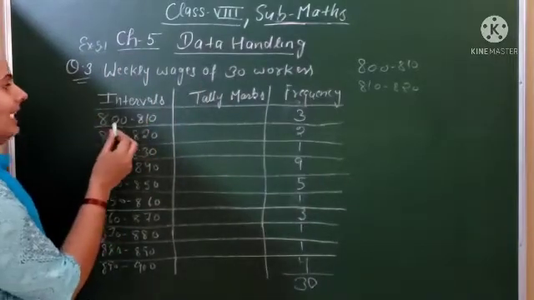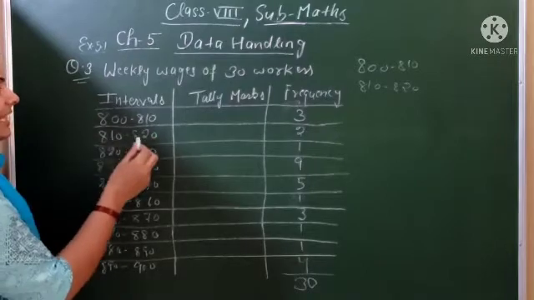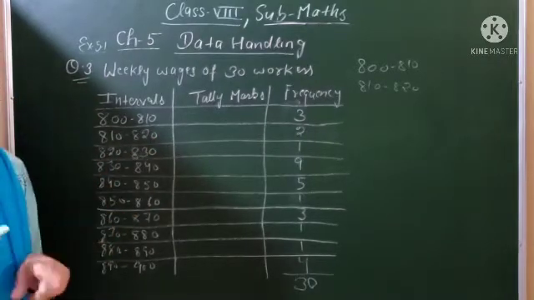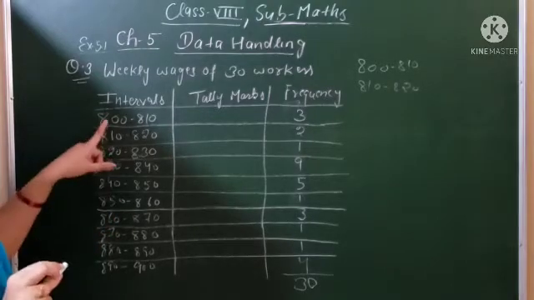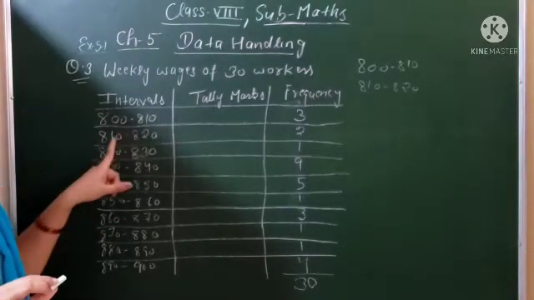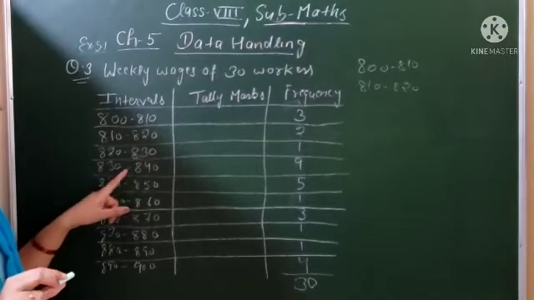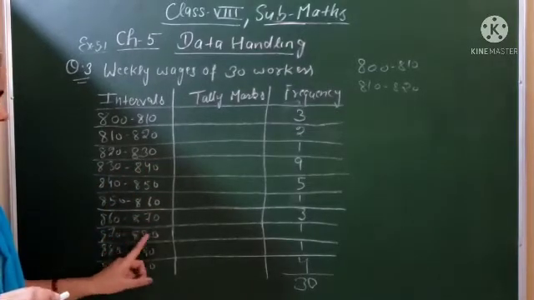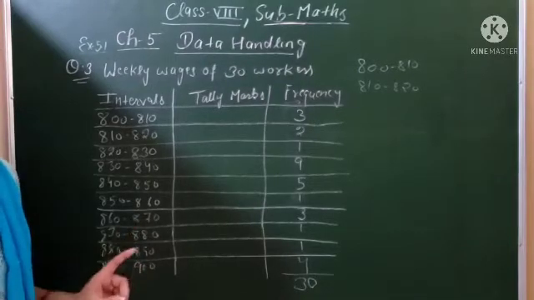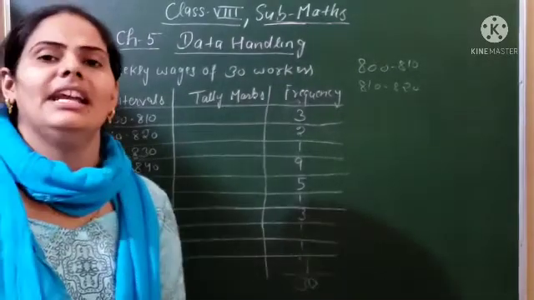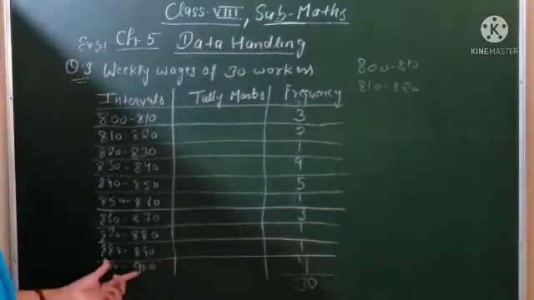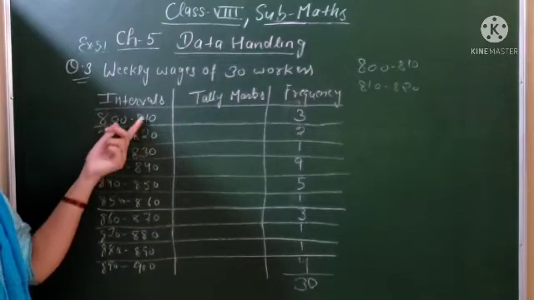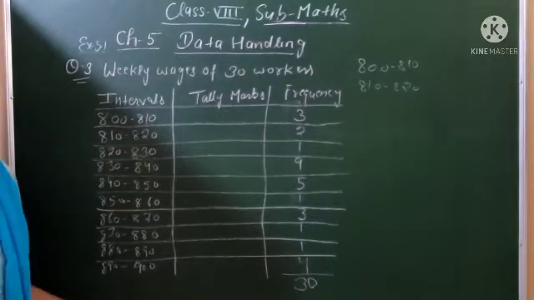You will use 800 to 810, 810 to 820, 820 to 830, 830 to 840, 840 to 850, and so on up to 890 to 900, because the maximum wage is 898 something, so it lies between 890 and 900. So you will start from 800 to 810 and go to 890 to 900.